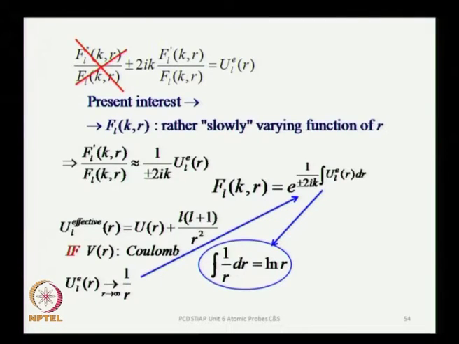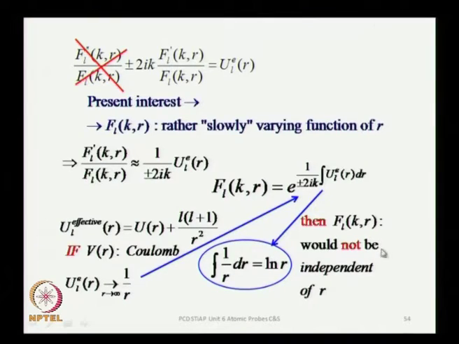We started by saying that our consideration will be valid for those cases for which the potential is weak, and then f must become only weakly dependent on r, it cannot be dependent on r.